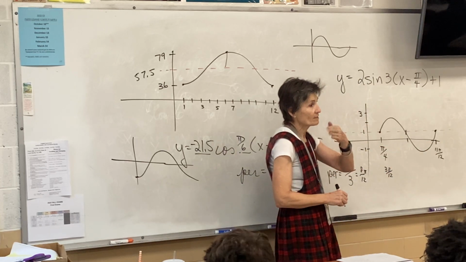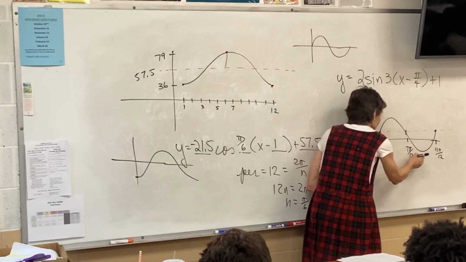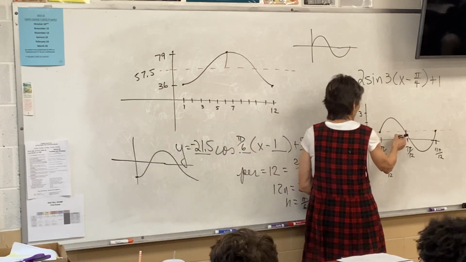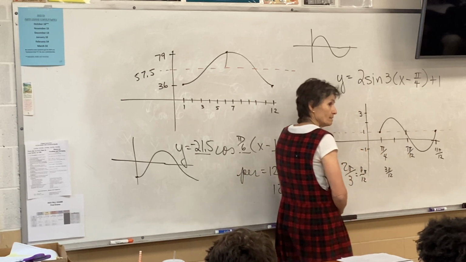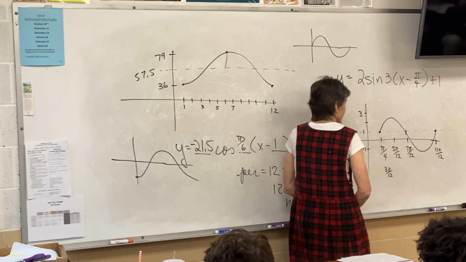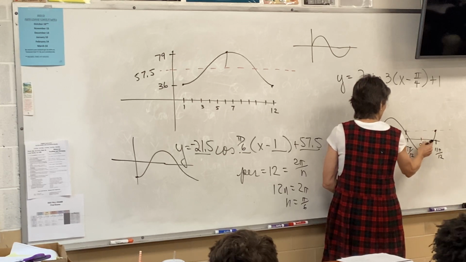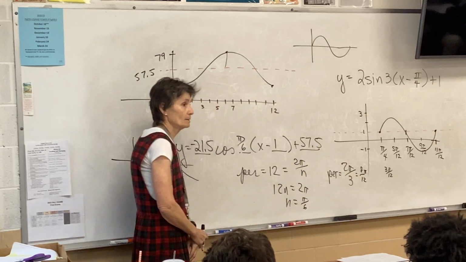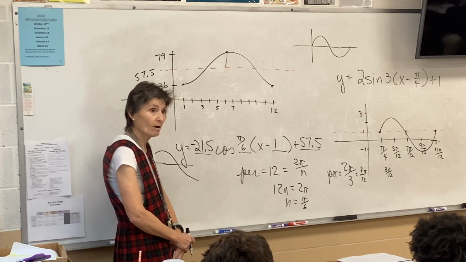So 3 plus 11 is 14, divided by 2 is 7, so this is 7 twelfths. The maximum, the high point, is halfway between 3 and 7, so that would be 5 twelfths. And then the valley, the low point, is halfway between 7 and 11, so that would be 9 twelfths. Done. Okay? That's not hard.